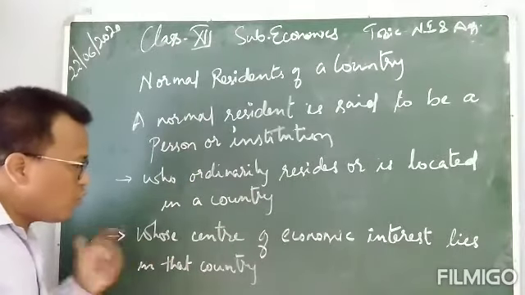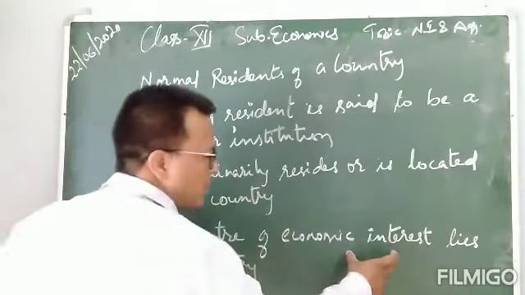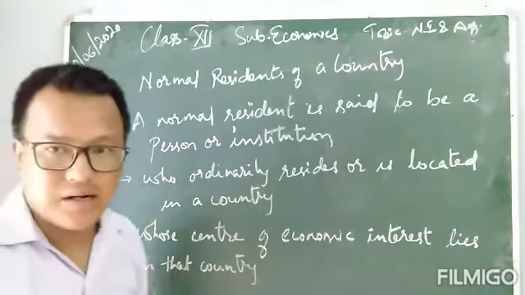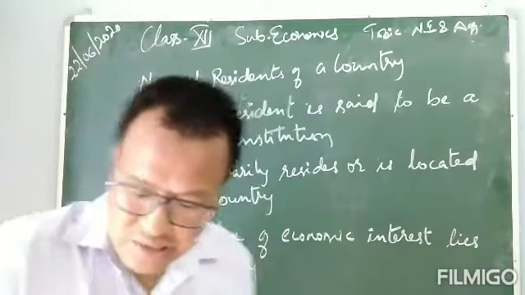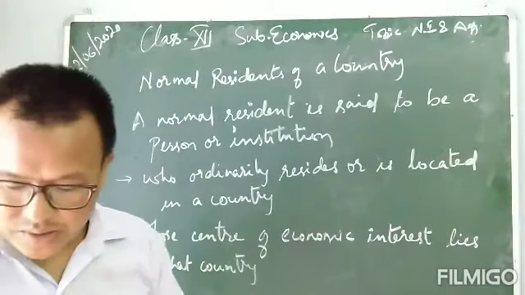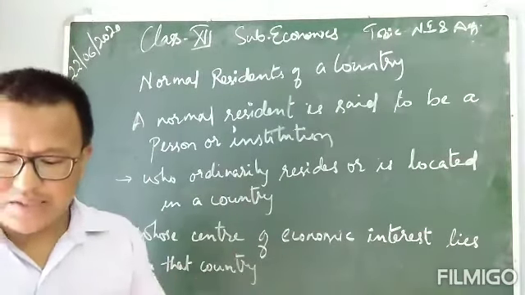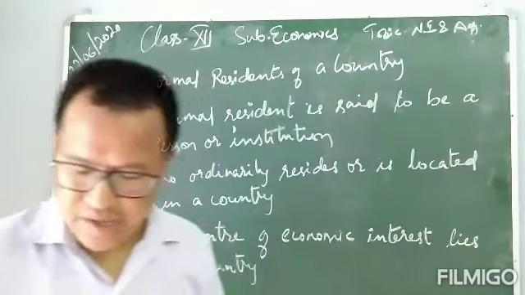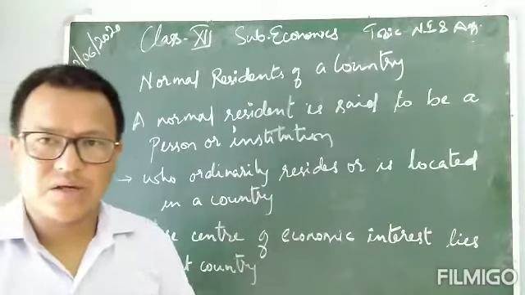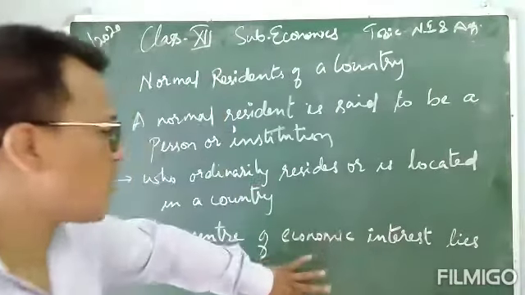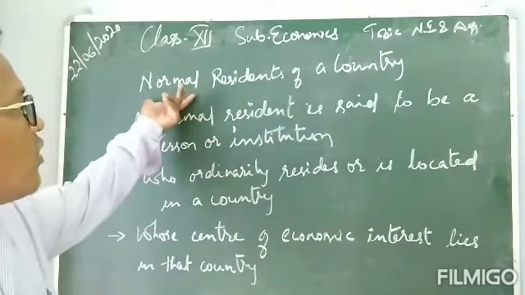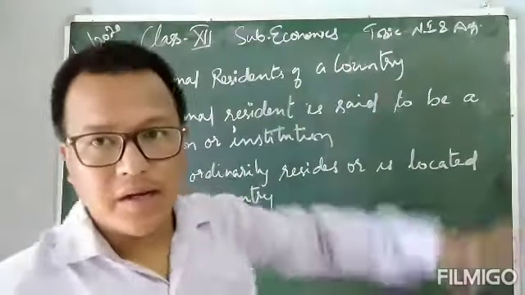And second, whose center of economic interest lies in that country, who is engaged in basic economic activities like spending and accumulation. If these two conditions are fulfilled, then a person is called a normal resident of a country.